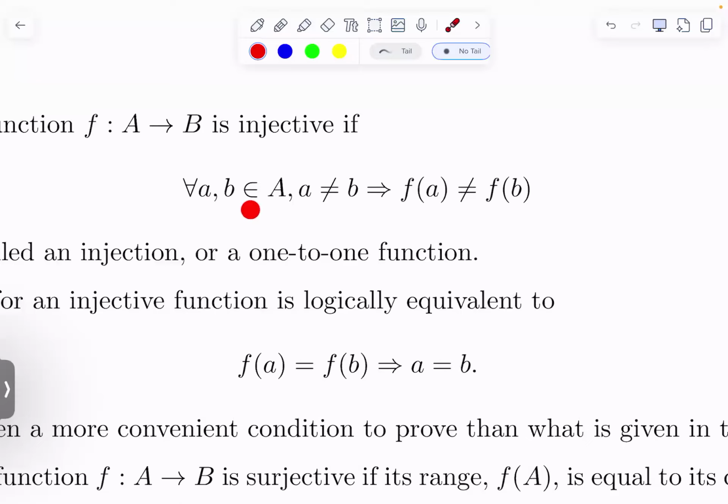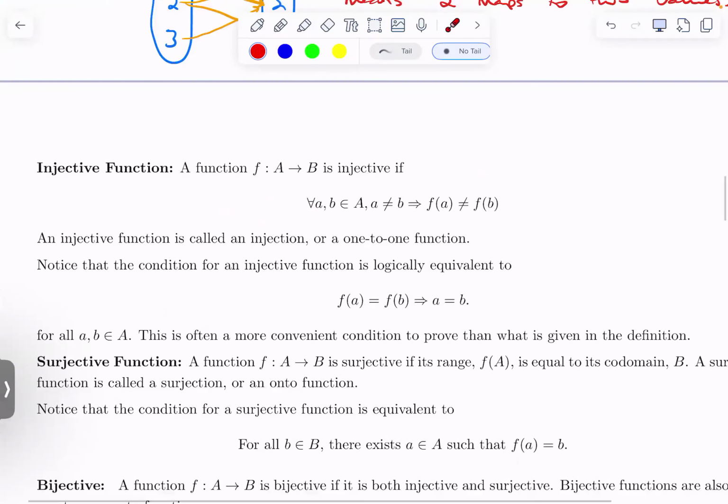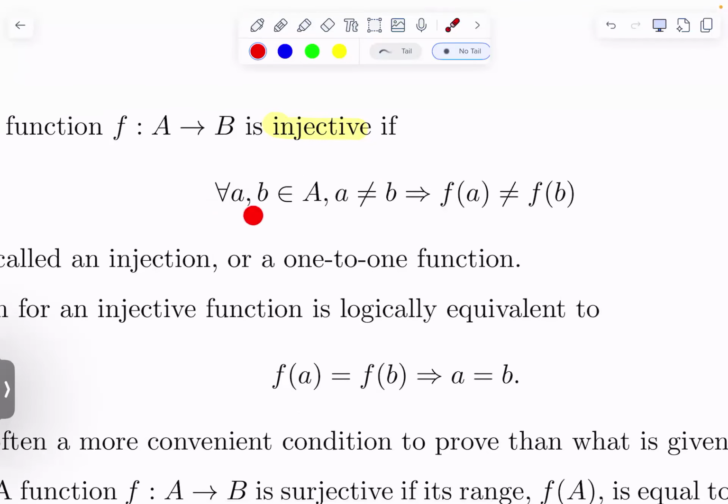For all a and b in the set A, where a is not equal to b, that implies that f of a is not equal to f of b. I introduced the definition before we talked about it, but a function is injective if, for every a, b in the domain, if a and b are different from each other, then the outputs have to be different from each other as well.